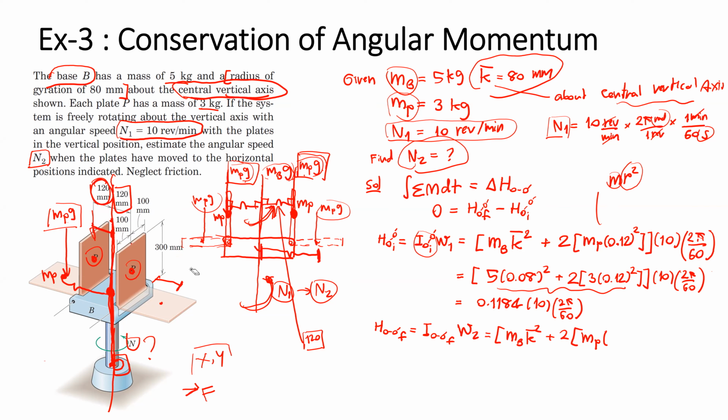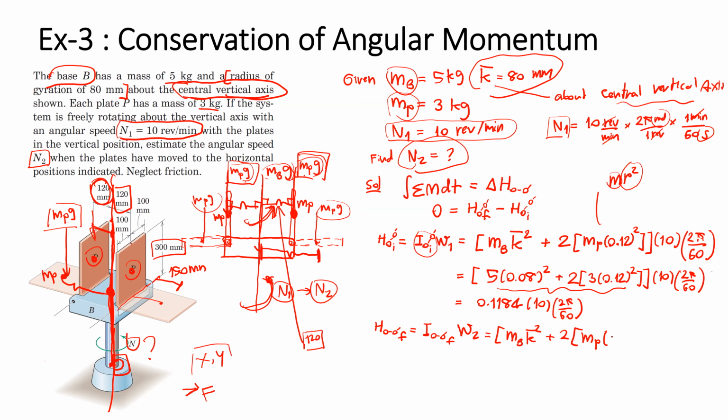The plate itself has the total length of 300 millimeter. So the CG position is 150 millimeter measured from the edge of the plate.